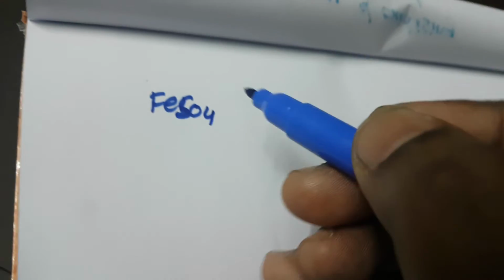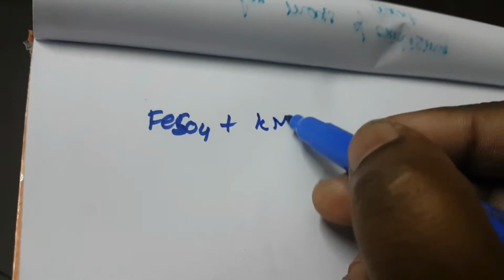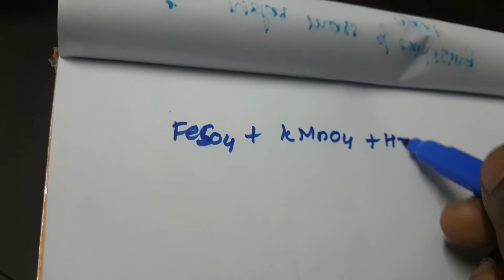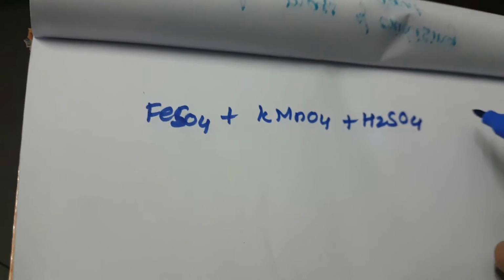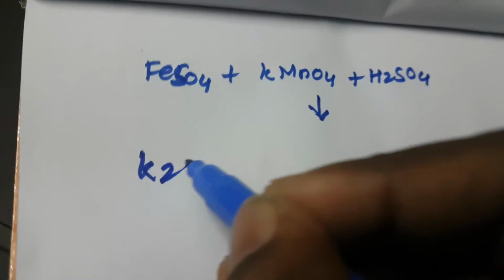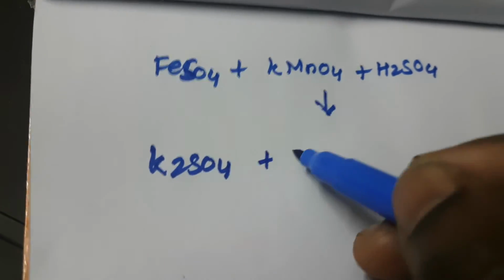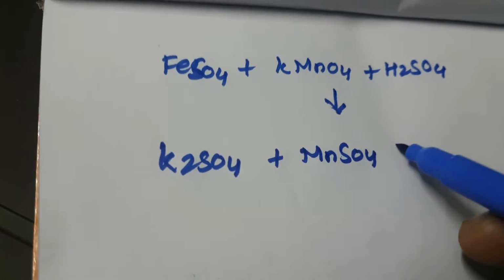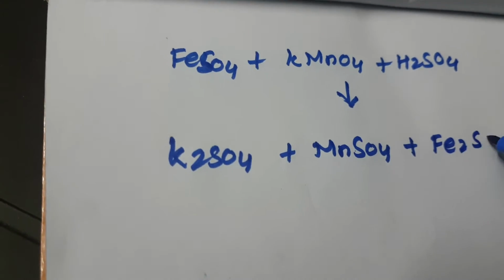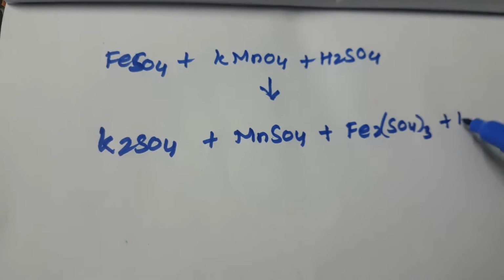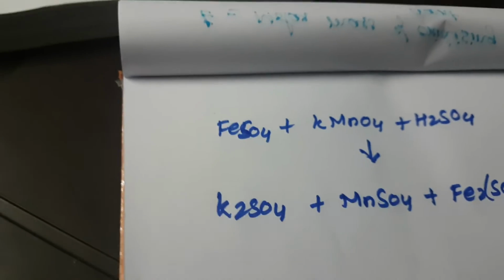Ferrous sulfate reacts with KMnO4 plus sulfuric acid H2SO4 to form K2SO4 plus MnSO4 plus Fe2(SO4)3 and H2O. Okay, how to balance the equation?